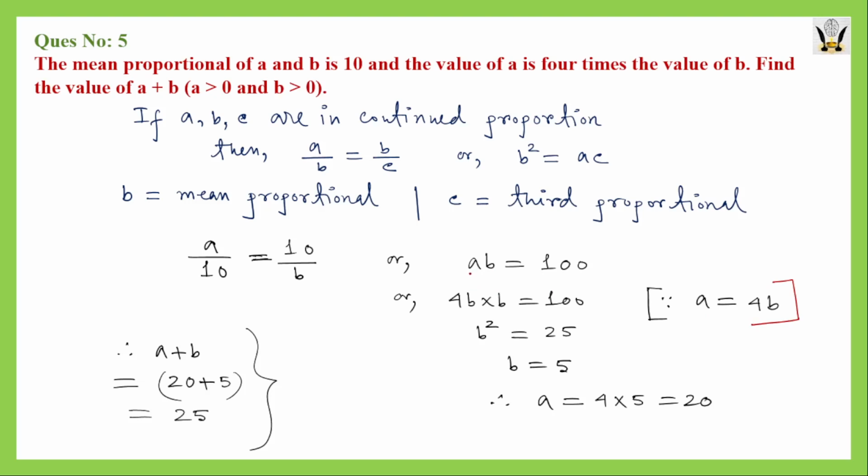Now in place of a, if we put 4b, because that is another condition which is given, then 4b multiplied by b is equal to 100, and if we simplify this, then b square is 25, b will be equal to 5. Now if b is equal to 5, then a will be 4 times, so it will be 20. So b is 5 and a is 20, and what we need to find finally is the value of a plus b. So a plus b is easy, 20 plus 5, it will be 25.